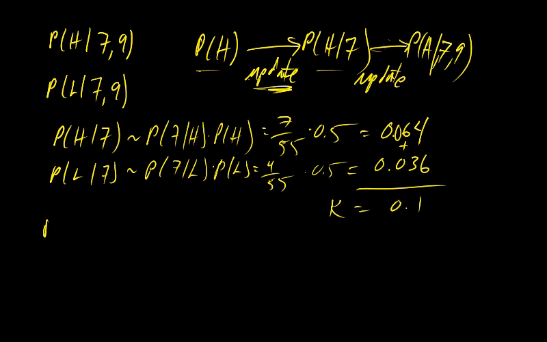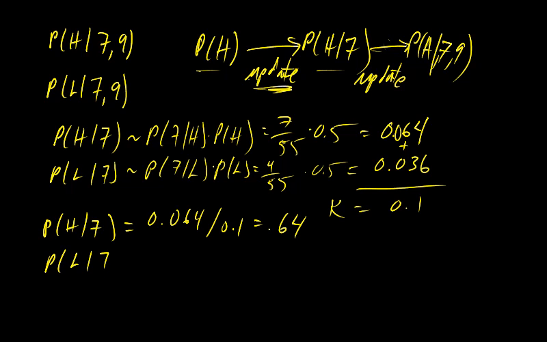So then I have the probability of the high deck given the 7 is equal to 0.064 divided by the k, or 0.1, and this gives me 0.64. The low deck given just the 7, 0.036 over the k, 0.1, and this is 0.36.